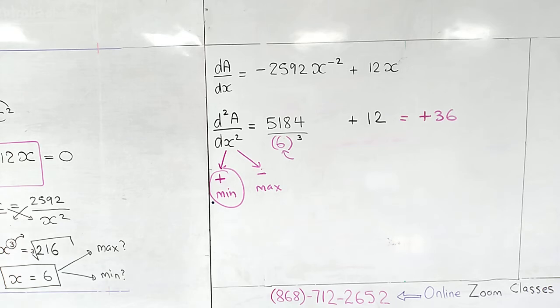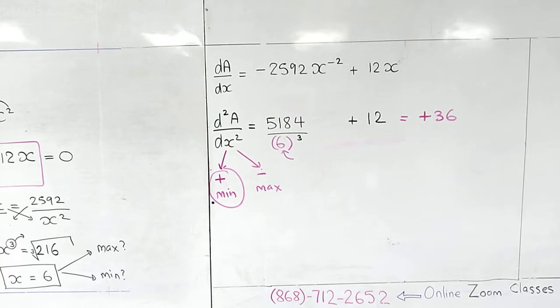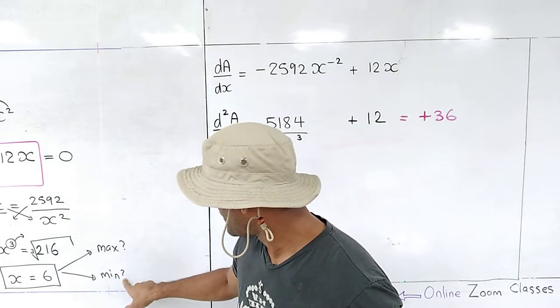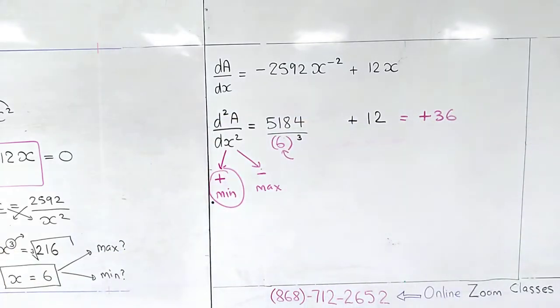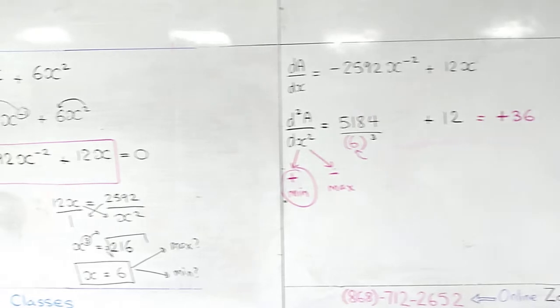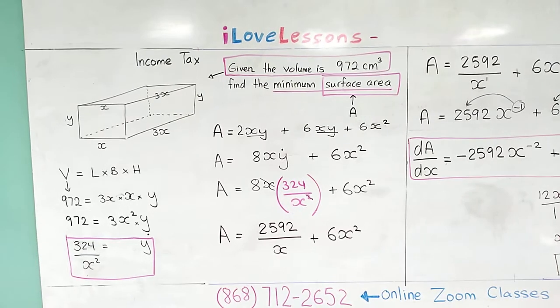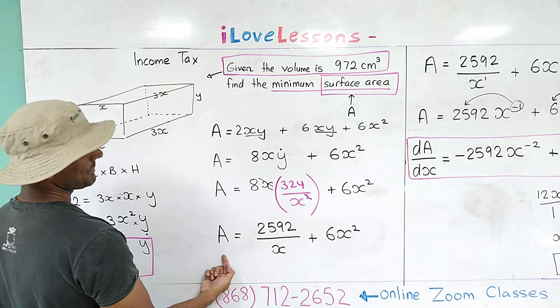But they ask us to find the minimum area. Let me refresh your memory here. We know that x causes a minimum. We just proved it. So let's go back to the formula that tells us how to calculate the surface area. Yes, remember this formula at the beginning of the exercise?